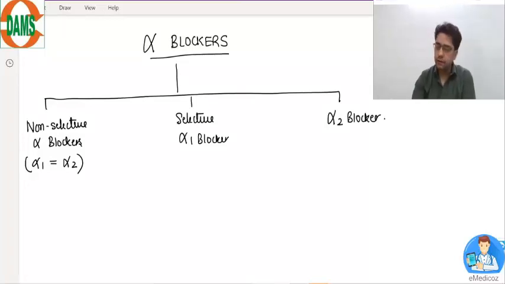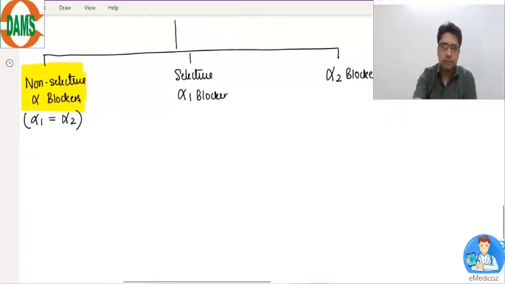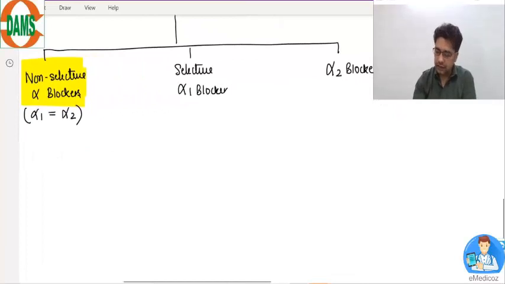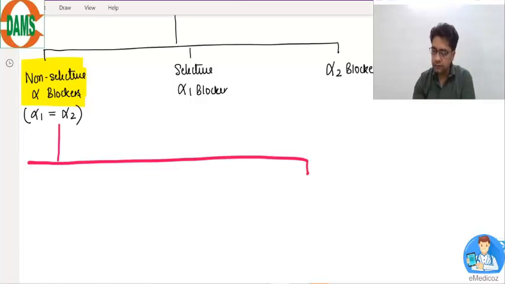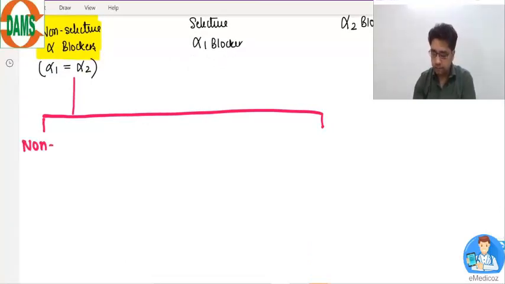Let's first talk about non-selective alpha blockers. They are further divided into two types. First one you will write non-competitive plus irreversible blocker.